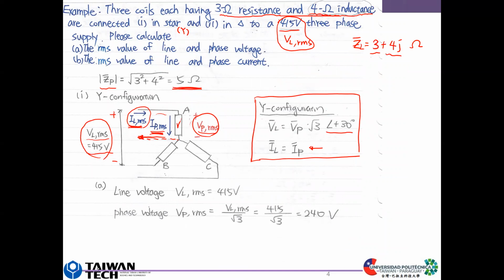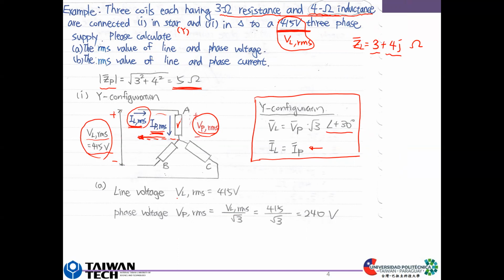So, problem A, we need to calculate the RMS value of line voltage. Well, the RMS value of line voltage is given, right? Because when we are given a voltage, we know it's an RMS value, and we know it's a line-to-line voltage.